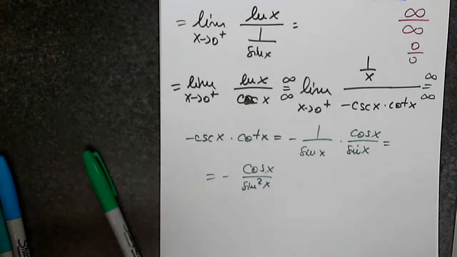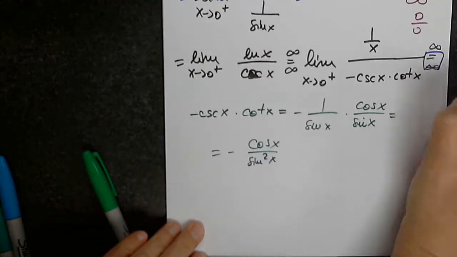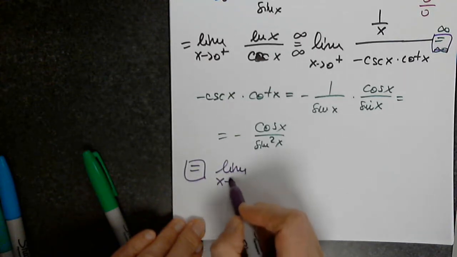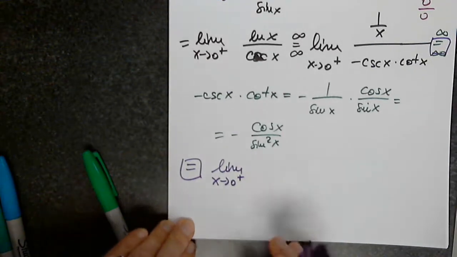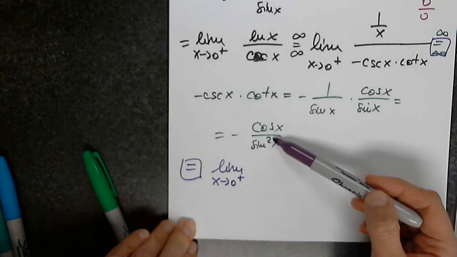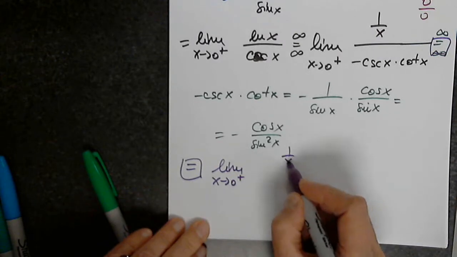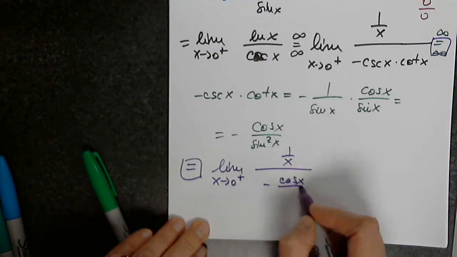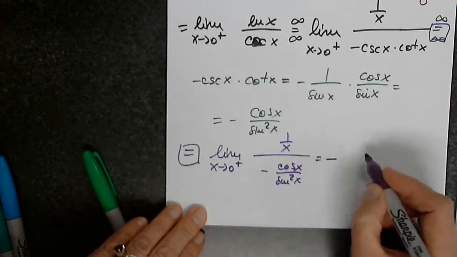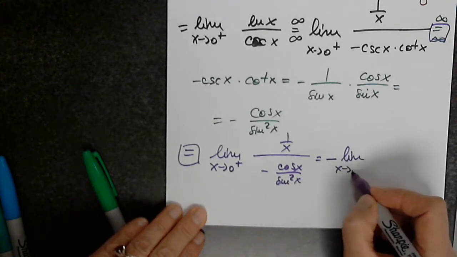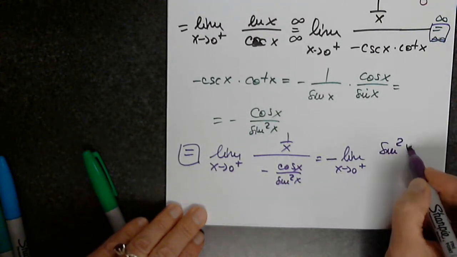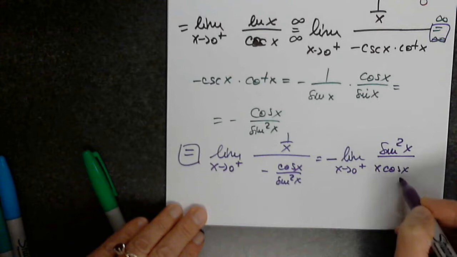Now, I believe it is easier to replace it by the limit as x approaches 0 from the right. There is a minus in there, that's fine. It's 1 over x over this. So 1 over x over negative cosine x over sine squared x. Minus can go outside. Wait for me when I'm done. So when I flip, I get sine squared x over x cosine x.